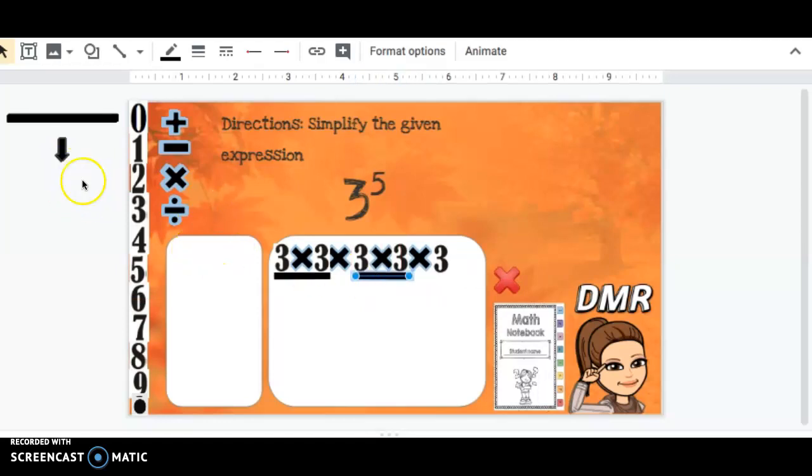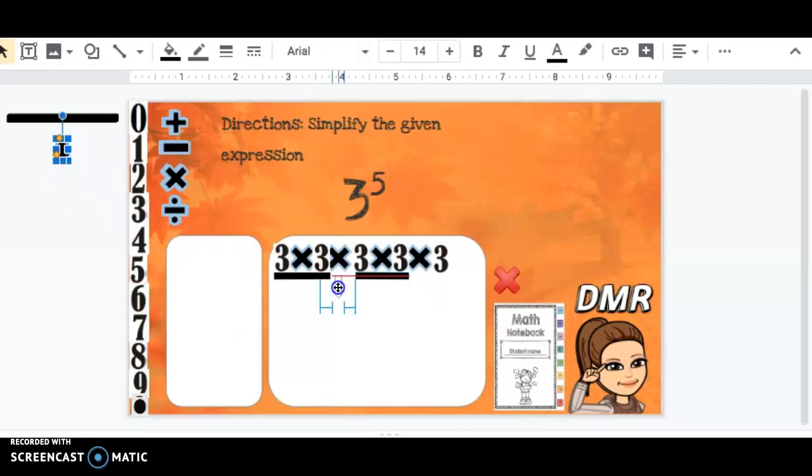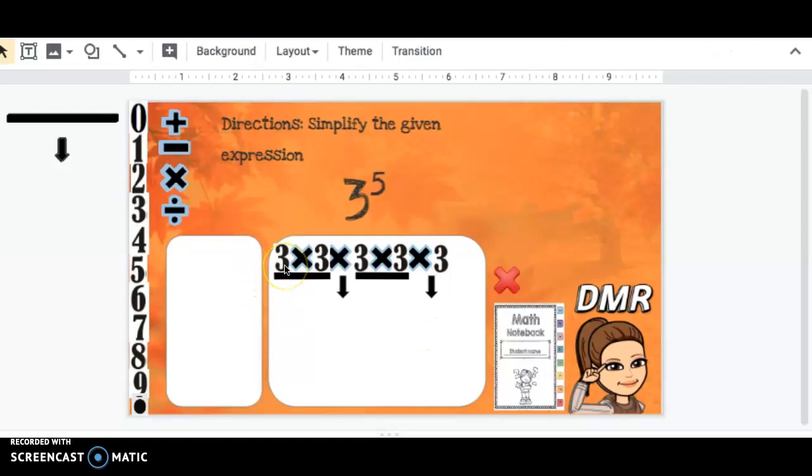Then you are going to bring down that multiplication sign, and you also are going to bring down that times 3. You cannot forget about that. Those are all going to come down. But before we bring those down, we're going to start off by evaluating 3 times 3. If we didn't know, we would click our multiplication chart, but we know that 3 times 3 is 9.